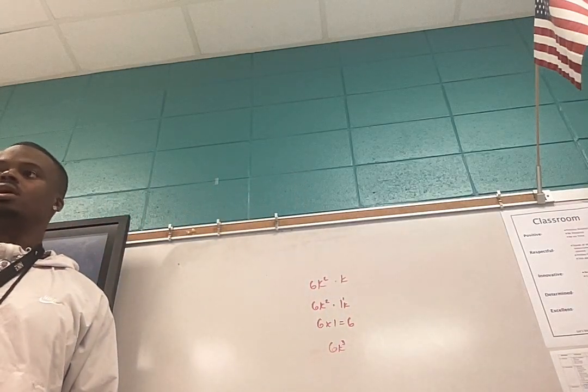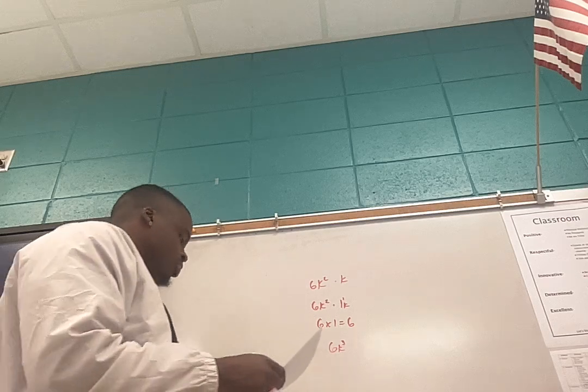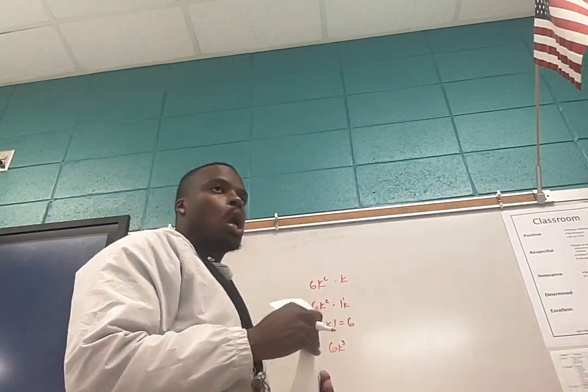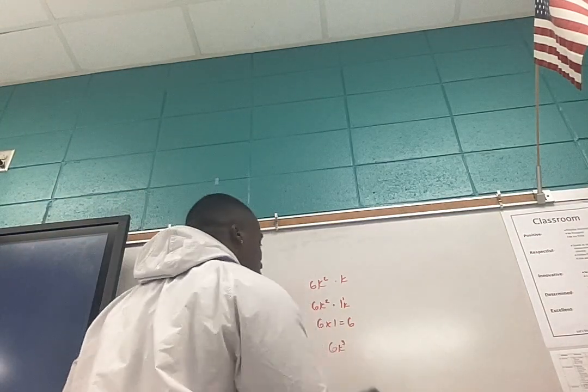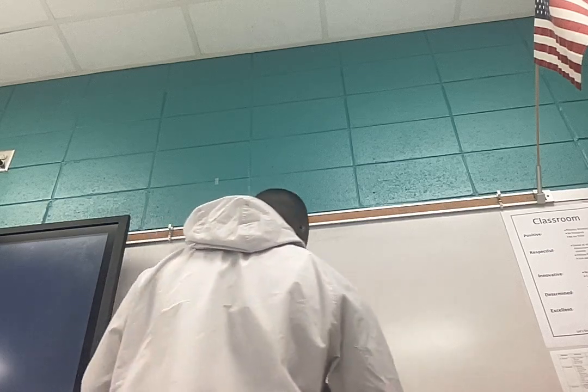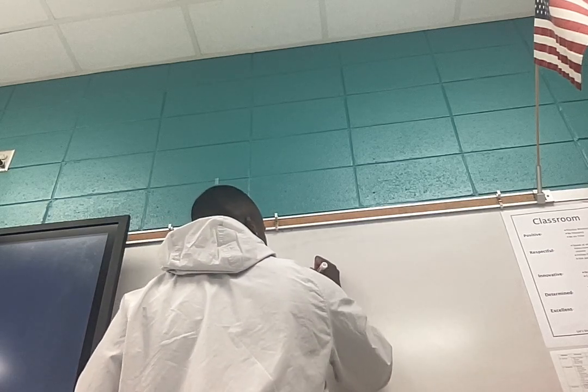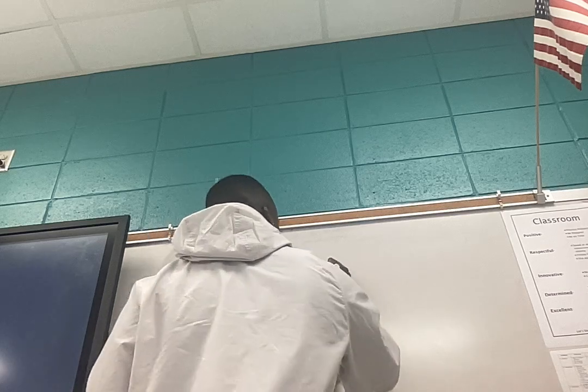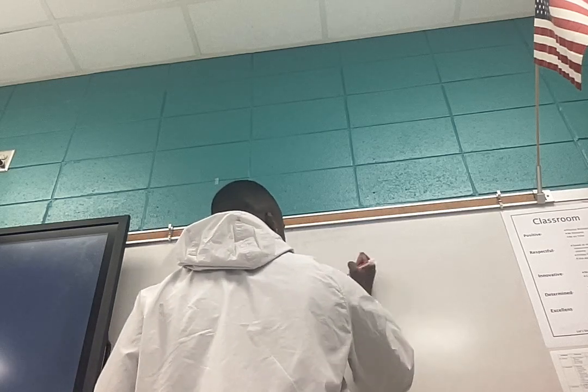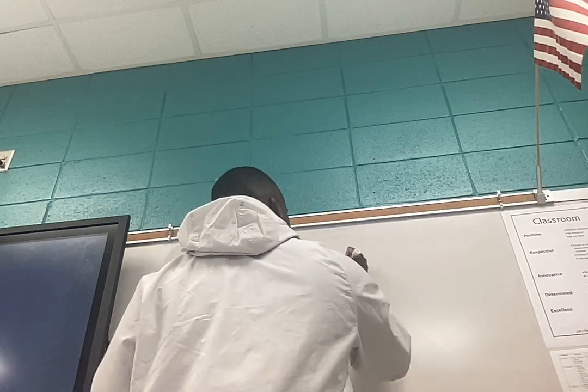Make sense? Does anybody want to walk me through number 9? Okay. Walk me through it. Okay, so it's 5b squared times 8b. And then you have to add a number 1. I'm going to add the 1.